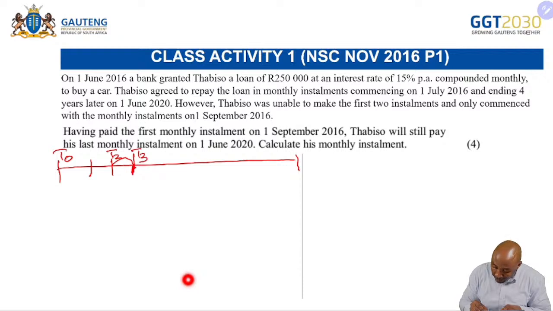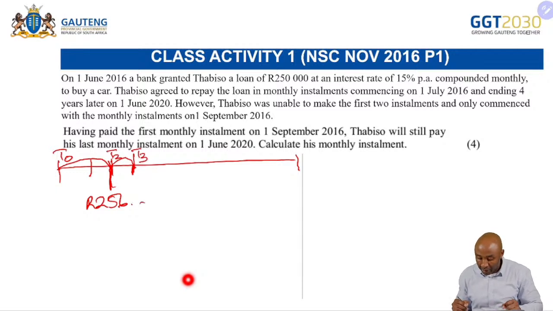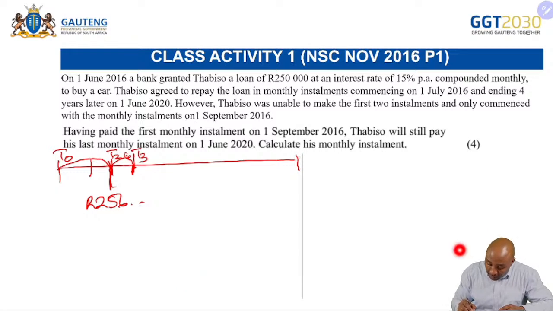So there's a gap, and our present value now is 256,000, which you remember from the previous question. We have our gap and then we start paying. Remember, 4 years times 12 means it's T48. It means the loan has to be paid over 48 months.